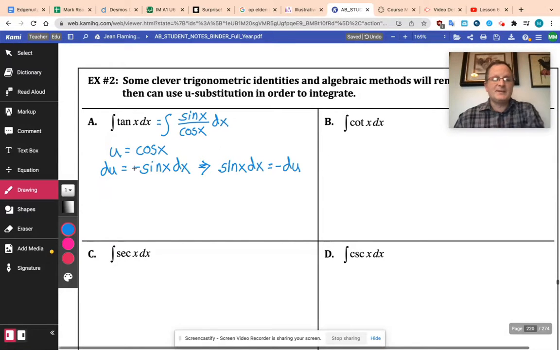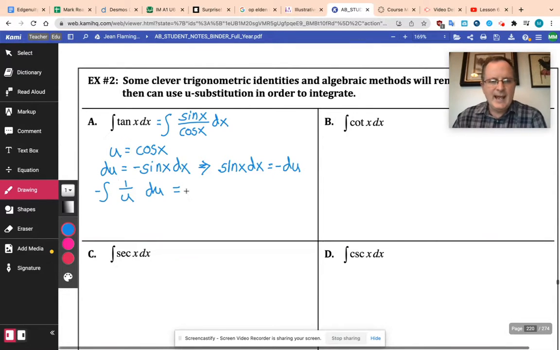Okay, and now let's make some substitutions. So it will be the integral, and I have a negative, so I pulled it out front. The sine x dx that remains then will be du. And then I've got 1 over u. Well, that's natural log.